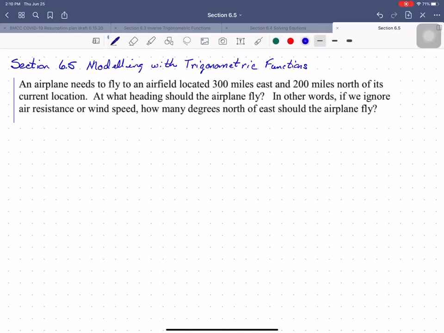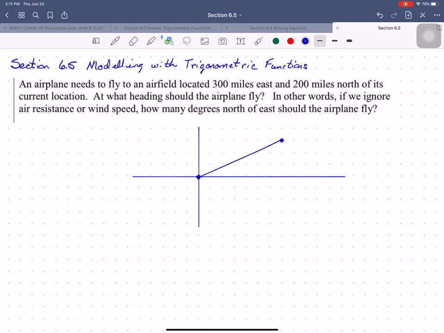So think about creating a coordinate system, and your airplane's current location is right here at the origin. And where the airplane wants to go is an airfield out here. And we know some things.